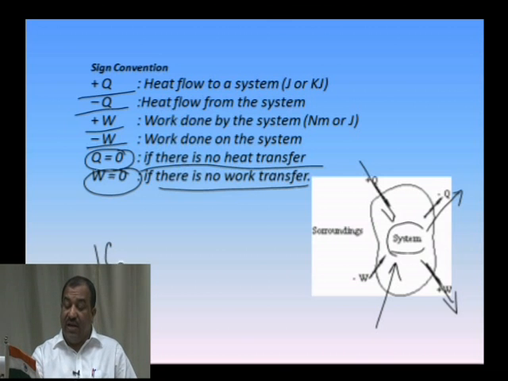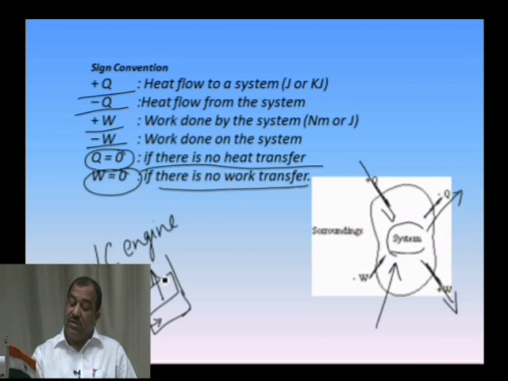IC engine, internal combustion engine, it receives the heat and produces the work. Work is produced by the system and heat is absorbed from the surroundings to the system. Both are denoted as positive work and positive heat.